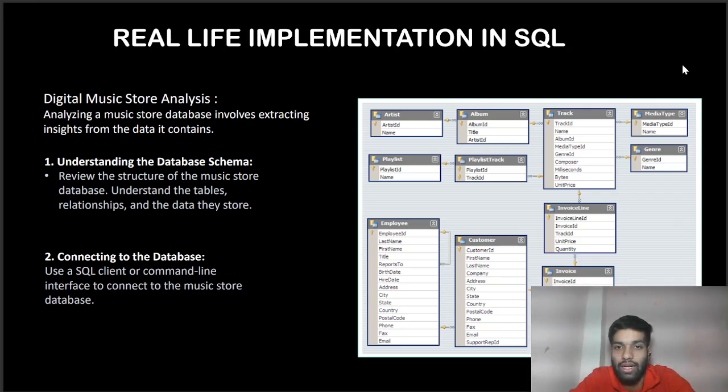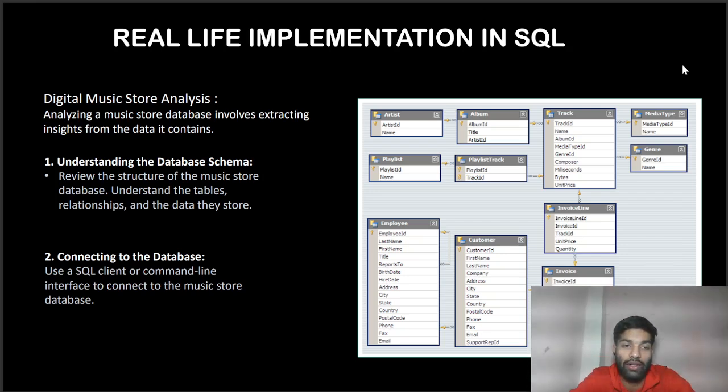The schema tells us the relationships between the tables. You have to go through the database schema thoroughly so that you understand the relationships between the tables. It will make it easier when you query that database.